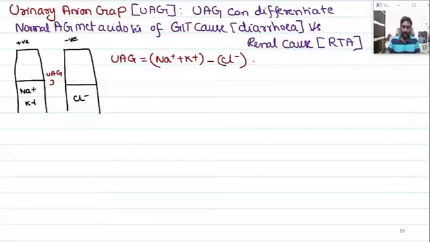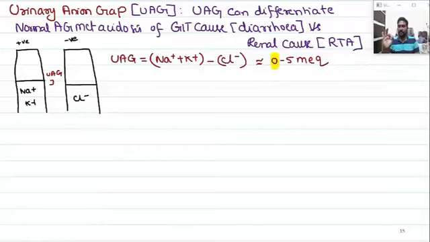If you calculate with this formula, the value of urinary anion gap will be roughly 0 to 5 milliequivalents. But the majority of labs take 0 as the standard value.